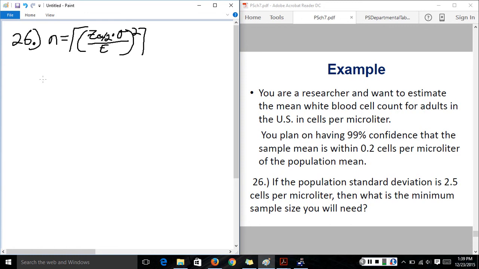Now we'll substitute in. A 99% confidence level gives me the critical value 2.575. Again, that's a common critical value. All right, sigma is known to be 2.5. And the margin of error that I want is within 0.2 cells per microliter. So 0.2 is the margin of error.